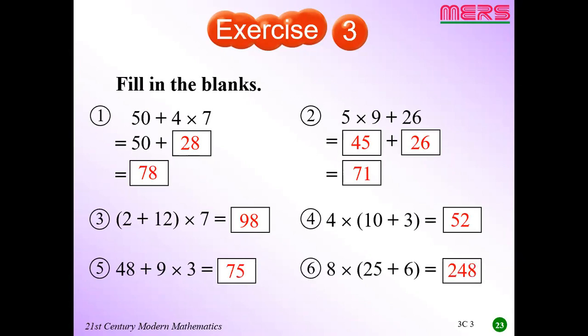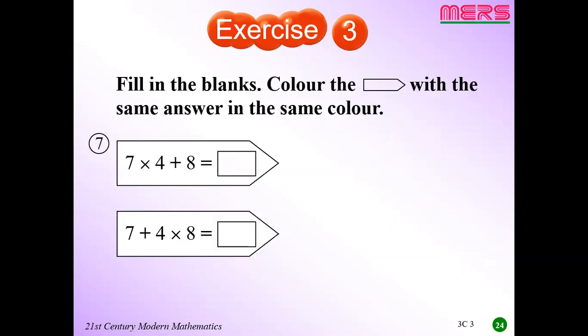Question 6, 248. So for this part, please be careful. From question number 3 to number 6, you should work on the numbers in the brackets first. Question number 7. For this part, fill in the blanks.